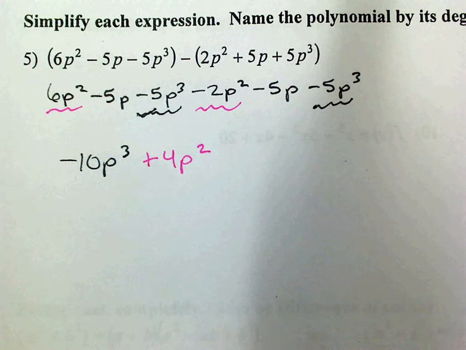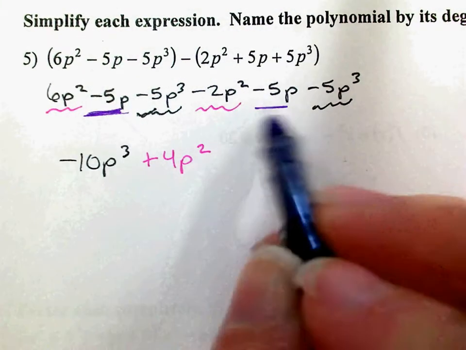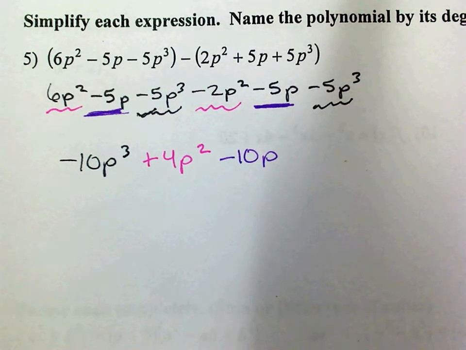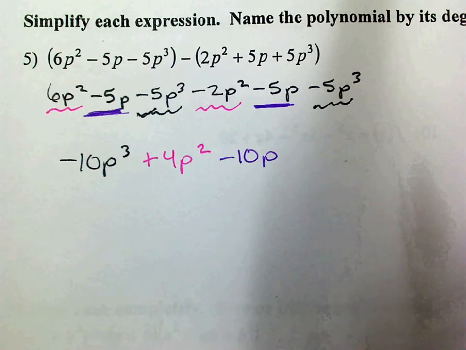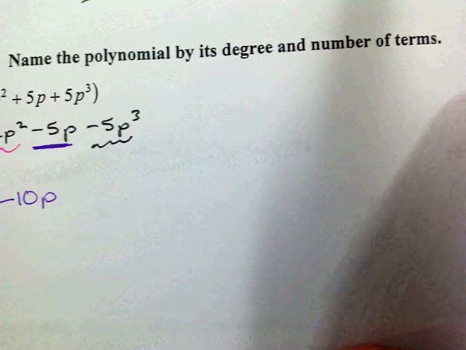And then what have I got left? Negative 5p and negative 5p? Negative 10p? So, what else does it ask you to do in the directions? Yeah. Name the polynomial by its degree and number of terms.